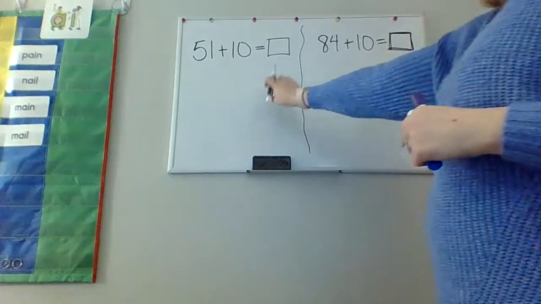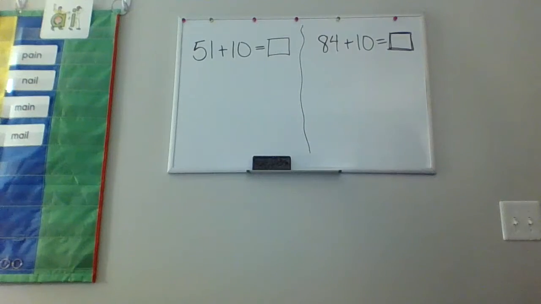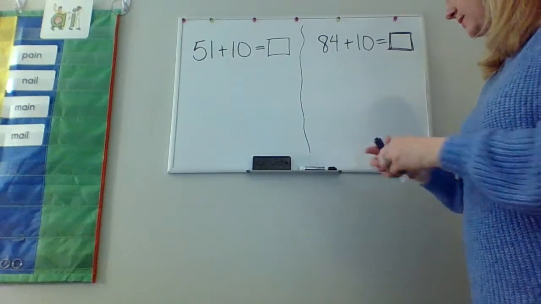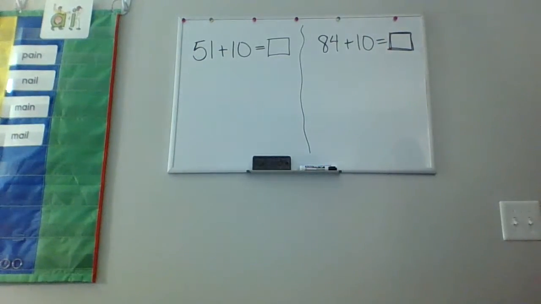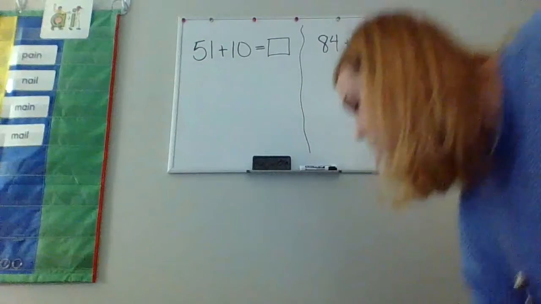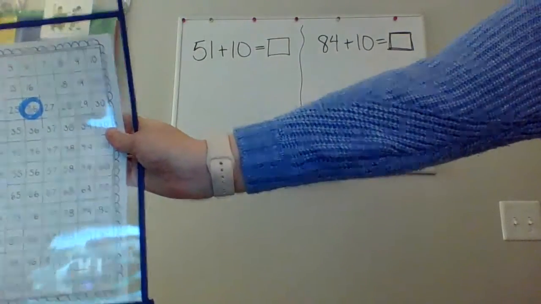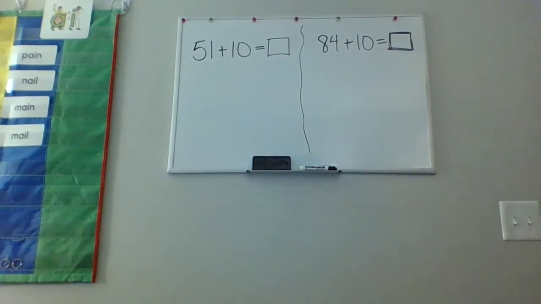But I want to know what 51 plus 10 is and 84 plus 10 is. Write those down and solve those problems if you need to. Grab your hundreds chart. Circle where your numbers are.